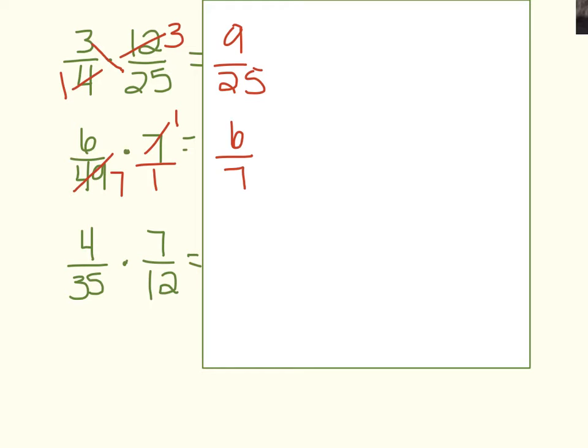And in the bottom problem, I start off and I'm looking at 4 and 12. Can 4 divide 12? Yes, it can. 4 goes into 4 once and into 12 3 times. Can 7 go into 35? Yeah, it can. So 7 goes into 7 1 time, and it goes into 35 5 times. And now I have 1/15.